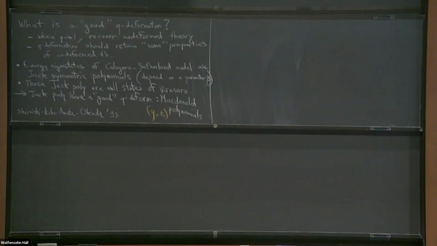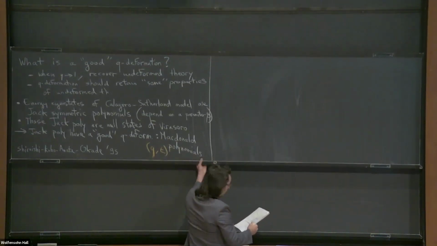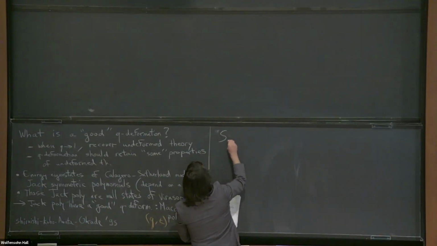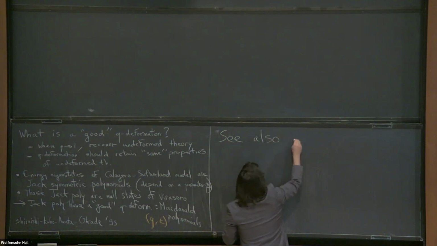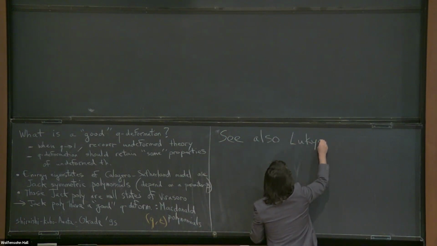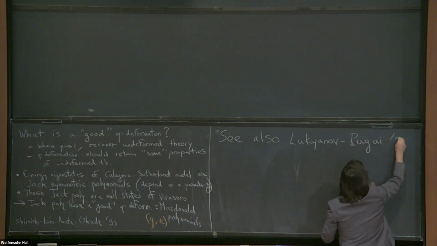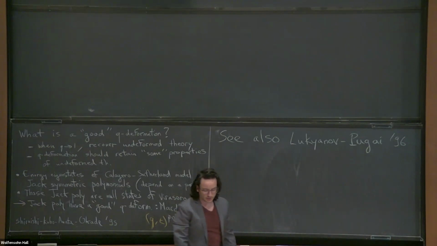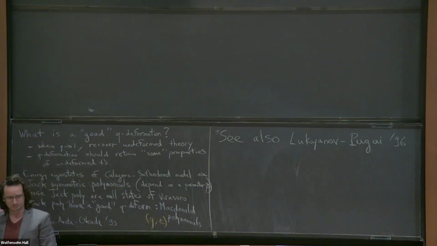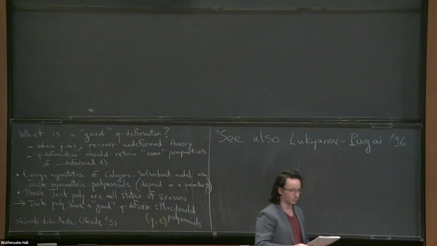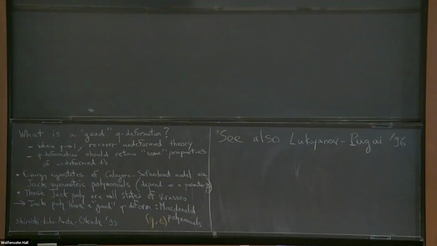Another motivation came from the work of Lucas and Fugai, 1996. They studied the restricted solid-on-solid model, RSOS, and a particular solution of that model called the ABF solution, for Andrews, Baxter, Forrester, in what's called regime 3.